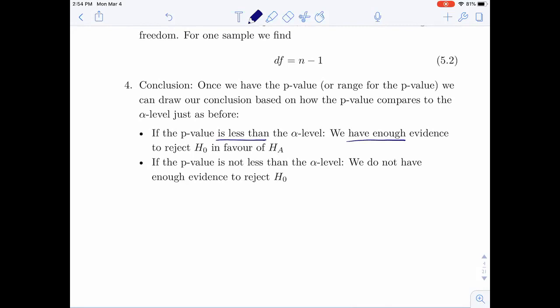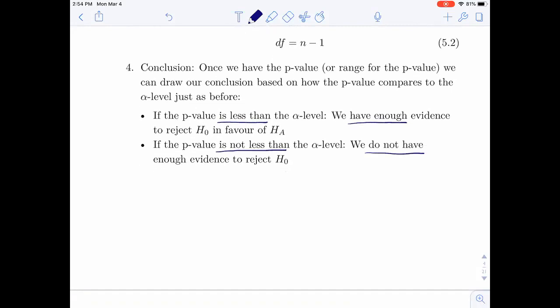If it is not less than, we do not have enough evidence. So that's why I've chosen that sentence structure. It's because they kind of match. So it's not until you have a p-value that's small enough, meaning you've moved out far enough into the tail, then you can reject the null hypothesis in favor of the alternative hypothesis if it comes to that.